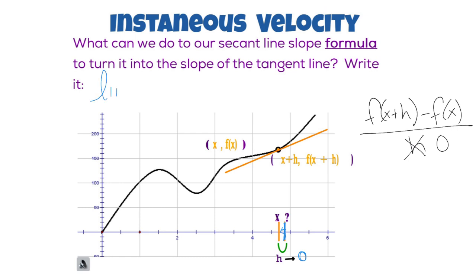So we're going to look at it as the limit as h approaches 0 of f of x plus h minus f of x all over h. Now, are we going to be able to do direct substitution? Not the way it is, but we have all these strategies that we have been learning about limits and ways that we can find this.